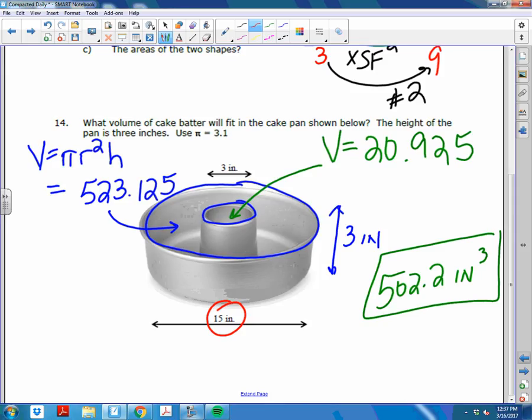Jackson, what's your question? On the volume, 1.5 squared would be 2.25. 3.1 times 1.5 squared times 3. Yes. That is 20.925. And then this one is 3.1 times 7.5 squared times 3.